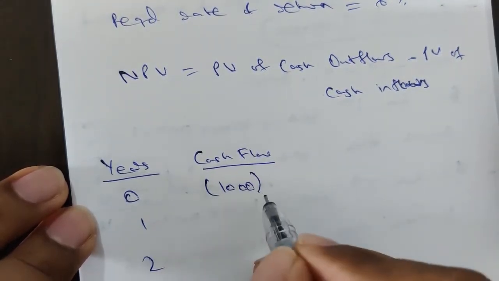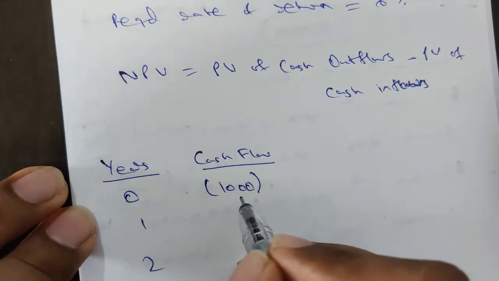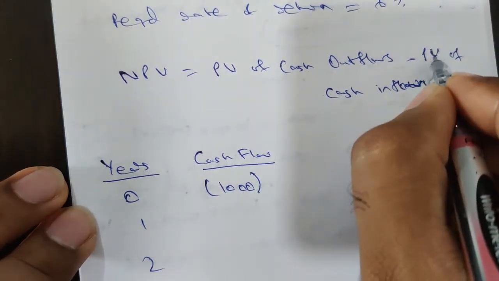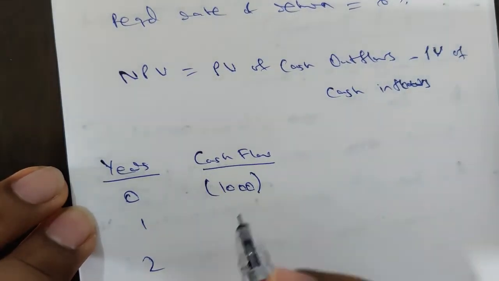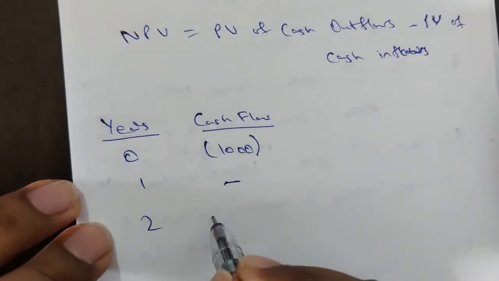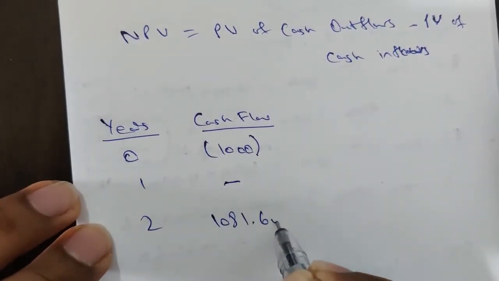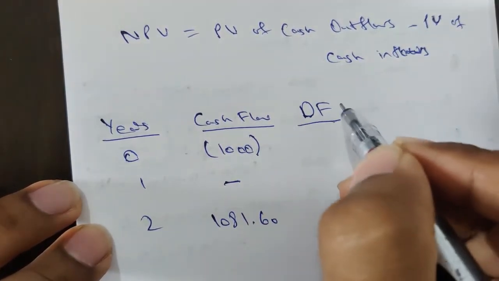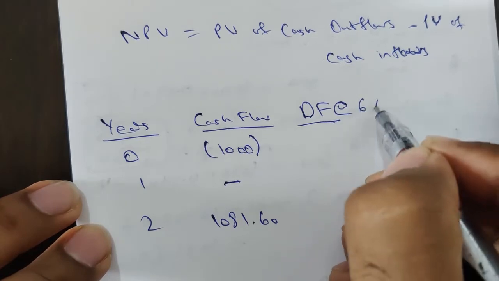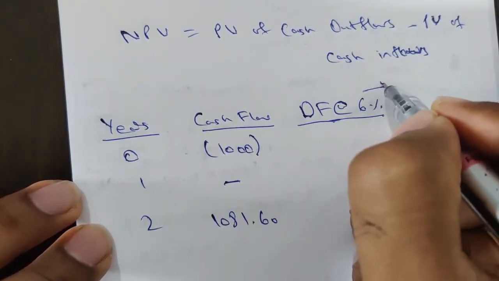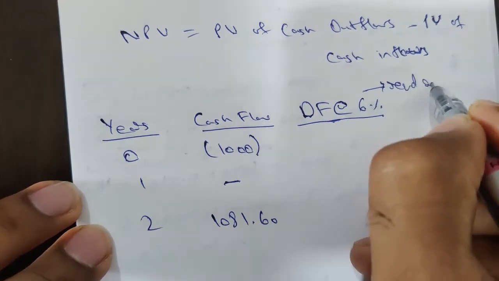So this becomes your cash outflow. That's why in the negative sign. And at the end of 1 year, you're not getting anything. And at the end of 2 years, you are getting 1081.60. Now you have to calculate the discounting factor at the rate of 6%. Why? Because my required rate of return is 6%.